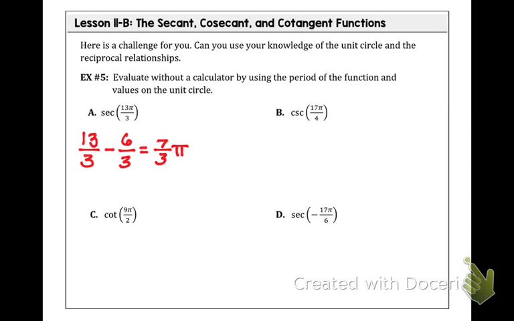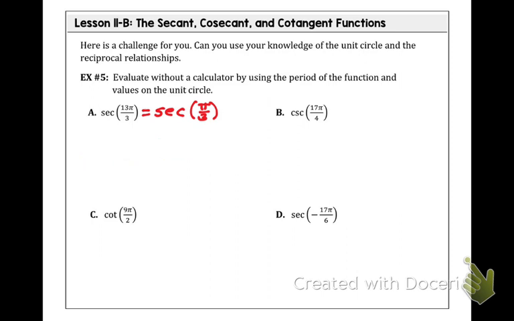We need another coterminal angle, so subtracting 6/3 of a pi again gets me to 1/3 of a pi. So secant 13/3 of a pi is the same as secant of 1/3 of a pi.